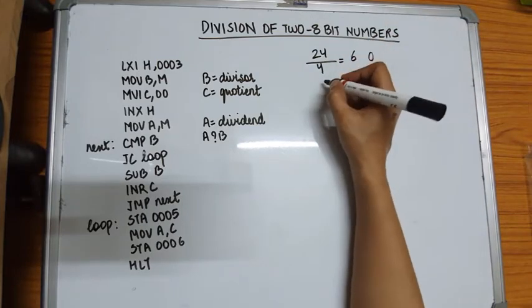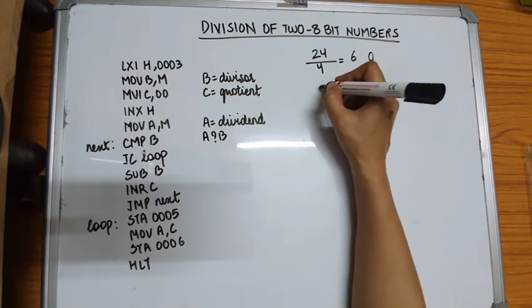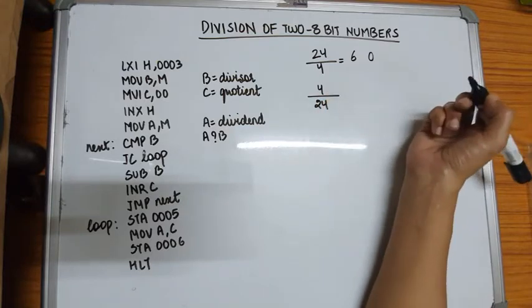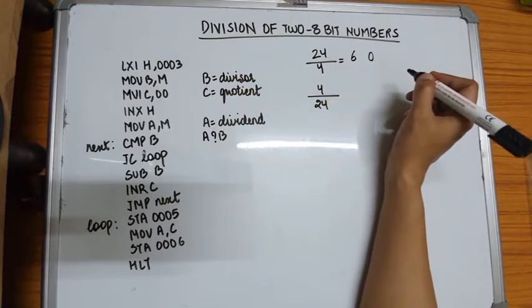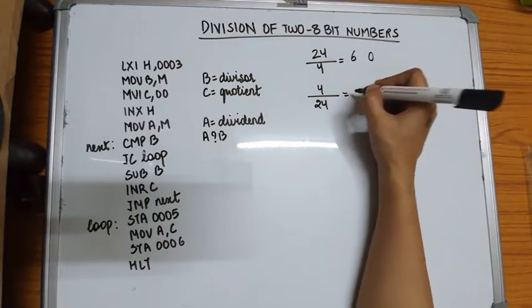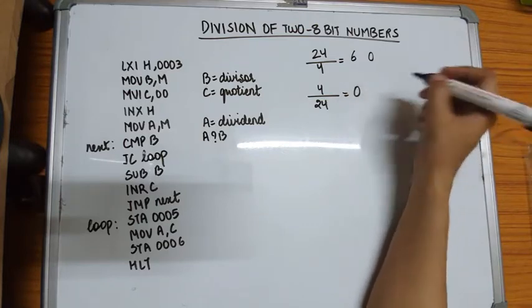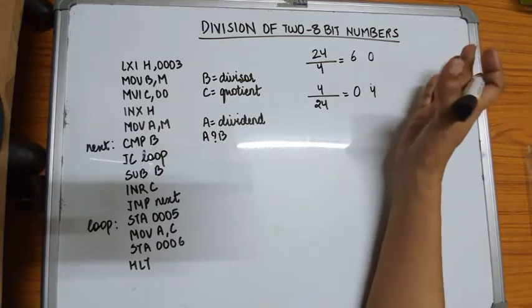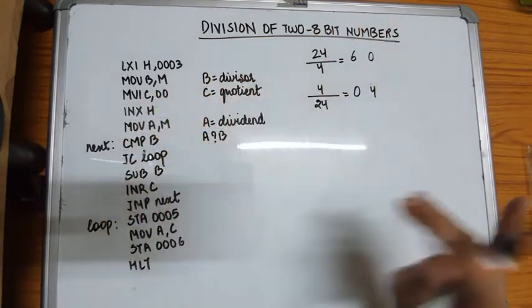But what happens if the numbers are reversed, like 4 is the dividend and 24 is the divisor? The quotient becomes 0 and the remainder comes as 4. So you will be dealing with both these kinds in this program.